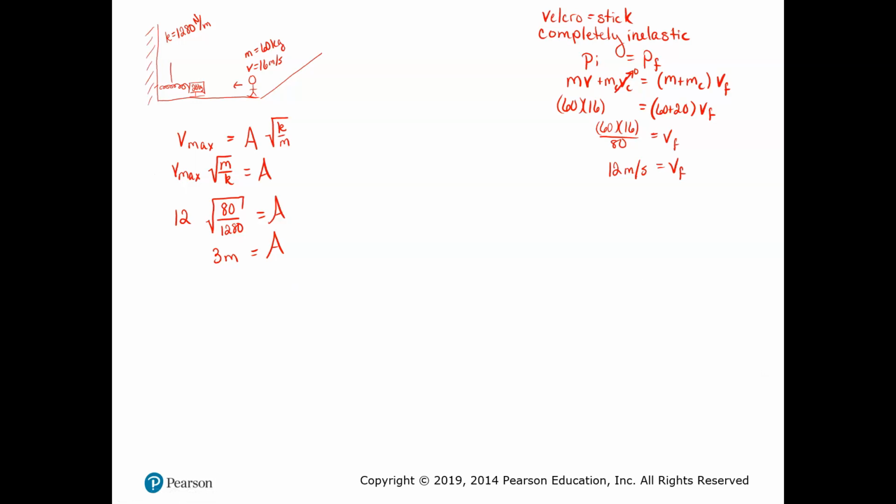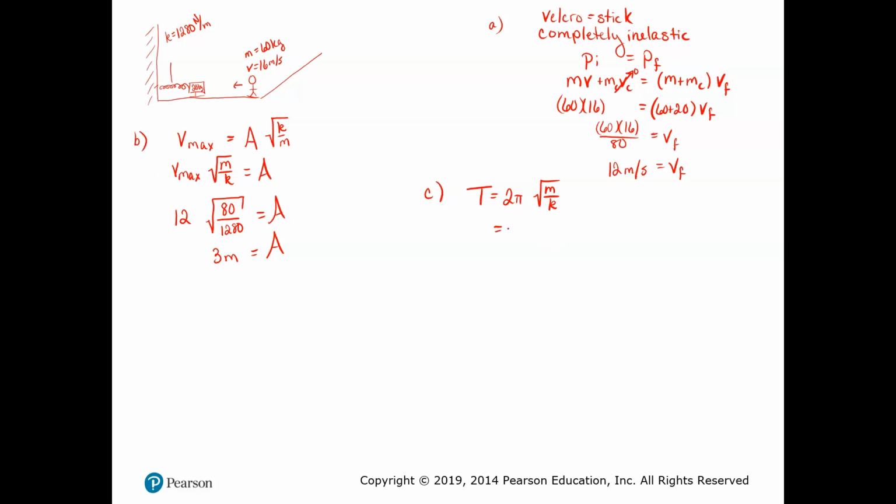So the next thing we're going to try and find is the period of this amplitude, because that spring is going to push us back, right? So the period of our vibrational motion, so this was part A, this was part B. So period of our vibrational motion, I'm just going to work it here. So we are looking at the period being equal to 2 pi square root of m over k.